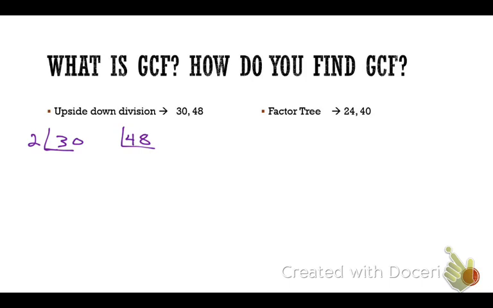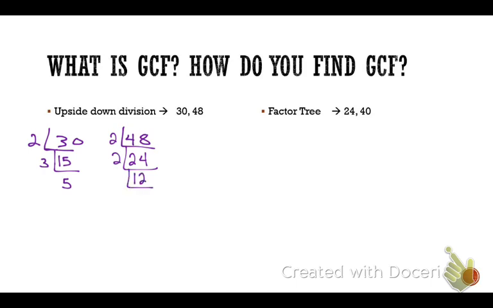Okay, 2 goes into 30 how many times? 15. What's next? What's a prime number that can go into 15? 3, very good. How many times? 5. As soon as I have a prime number on the bottom, I know that I'm done. This is it. Okay, now let's do 48. 48's a little longer. We can start with a 2. 24, 2, 12.